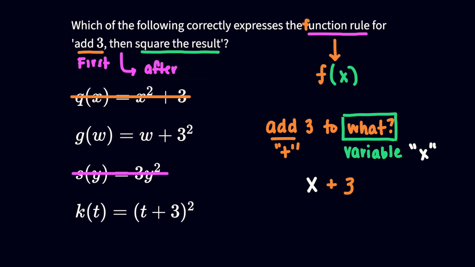Let's move forward. After we do that, then we must square the entire result. The whole shebang, the whole thing, right? The big thing. What was the whole thing that we had here? X plus 3. We want to square this whole thing.